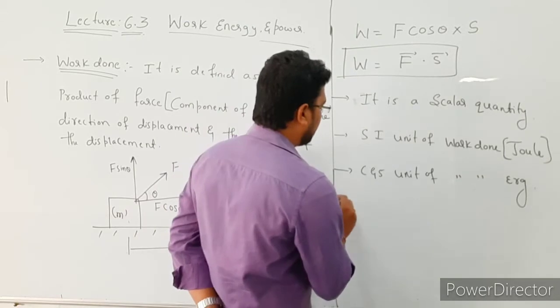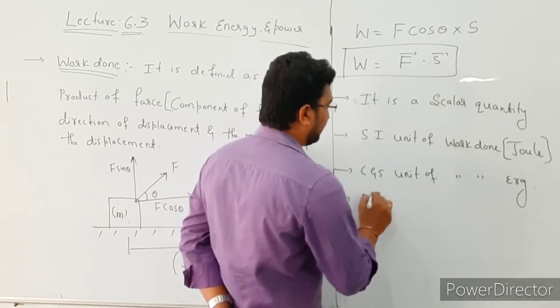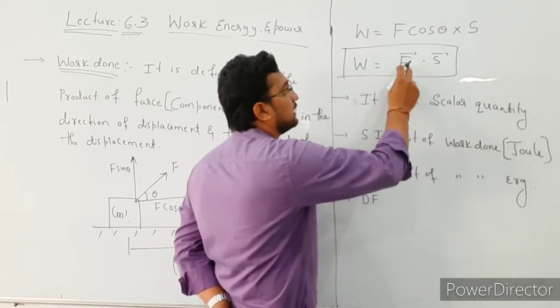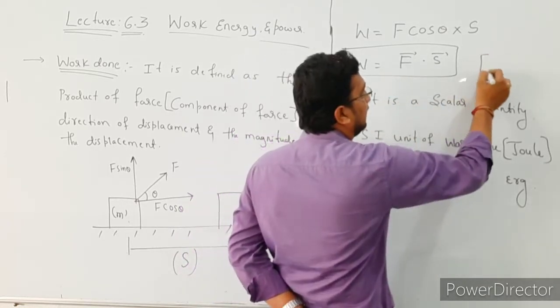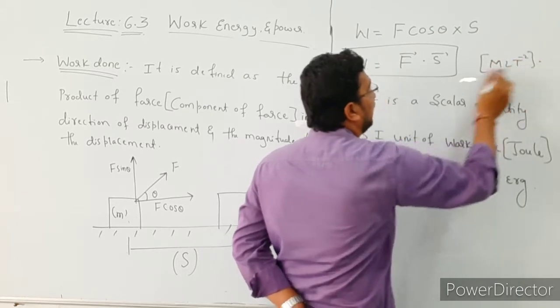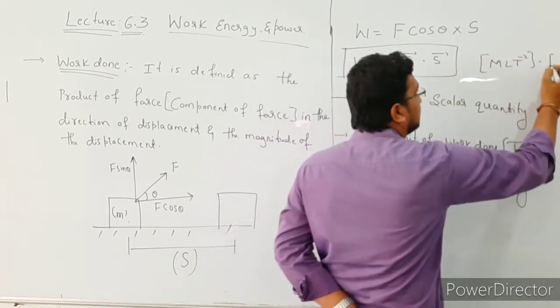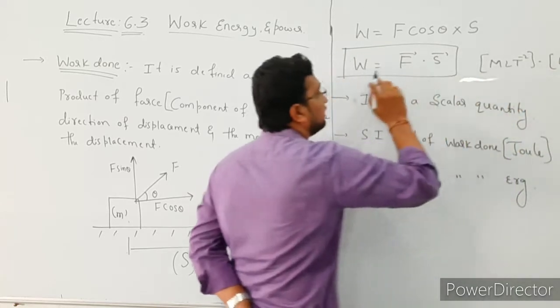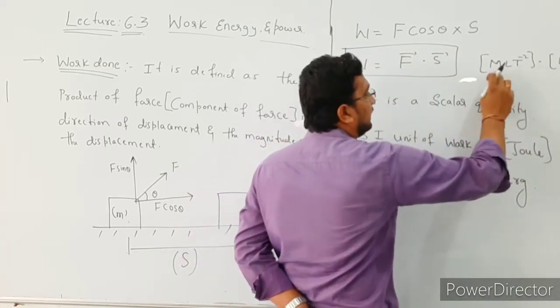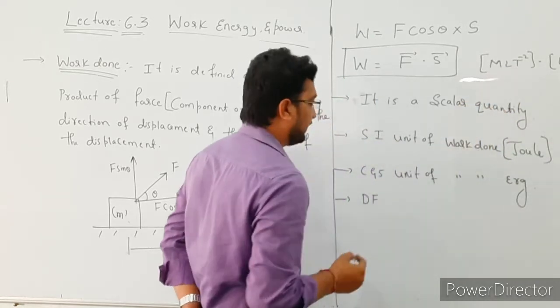Next one, dimension formula. For the dimension formula of work done, we already know the dimension formula of force is M L T to the power minus 2, and the displacement is L. So the dimension formula for work done is M L into L, that is L square, M L square T to the power minus 2.